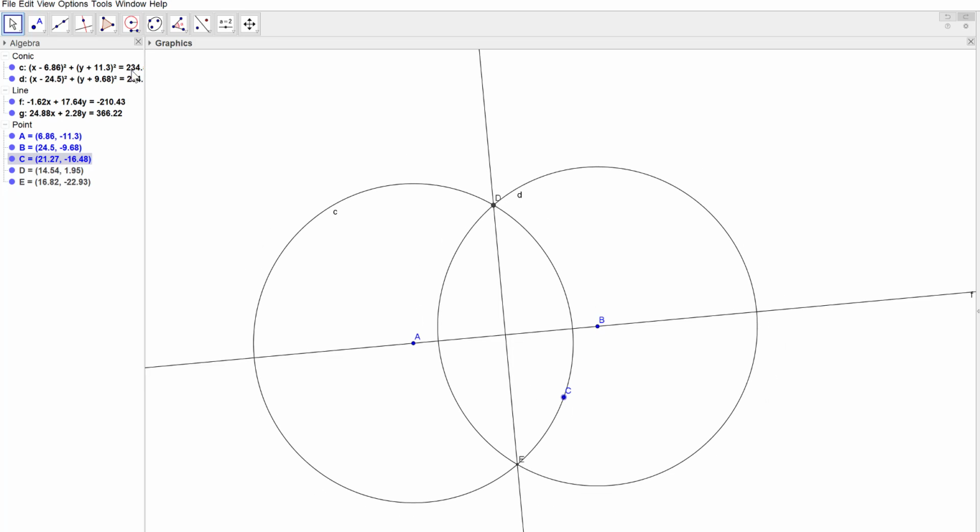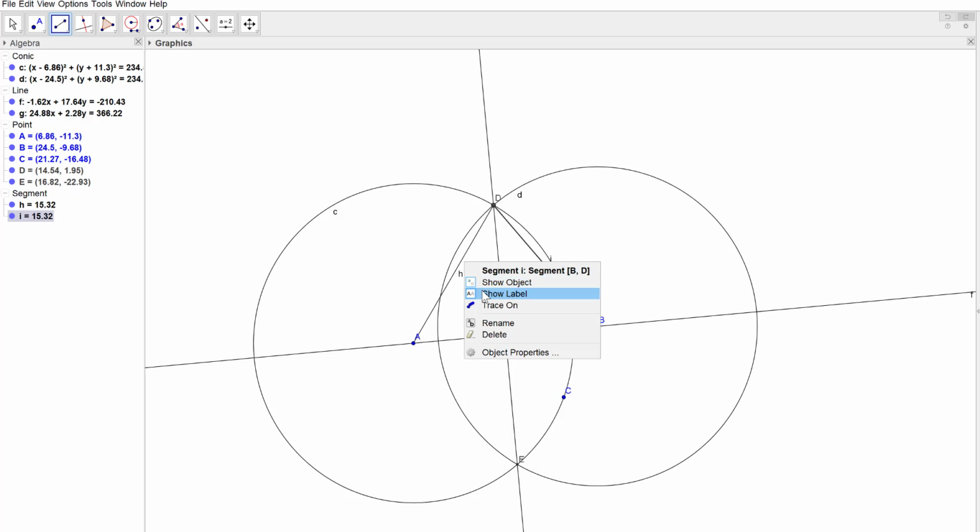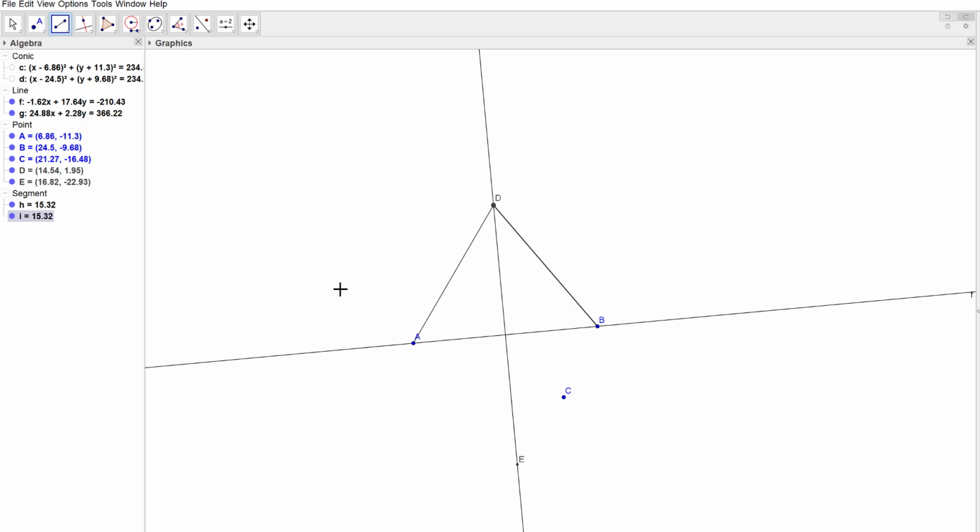Now I'm going to show the triangle legs that I just referred to. A, D, B, D.